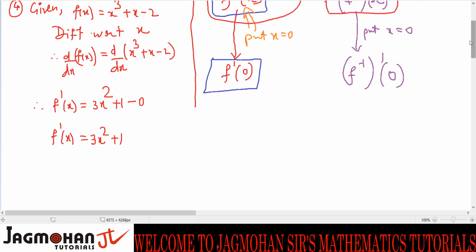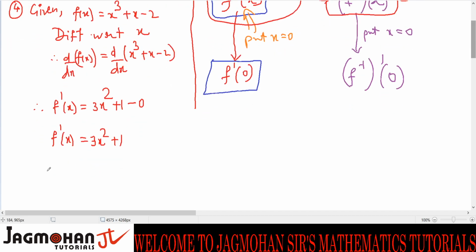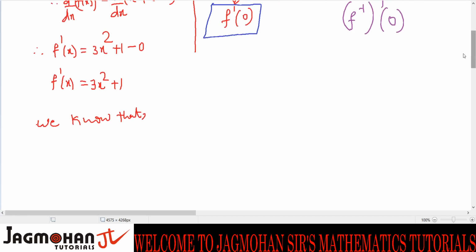So I will write here, we know that f inverse dash x is equal to 1 upon f dash x.